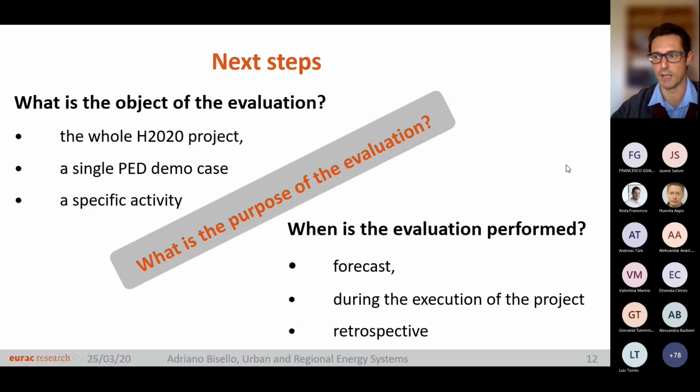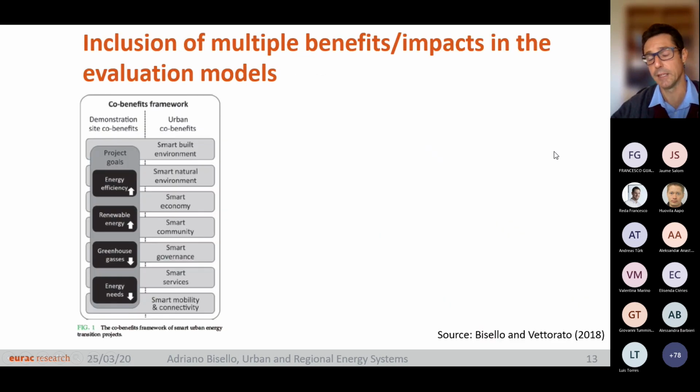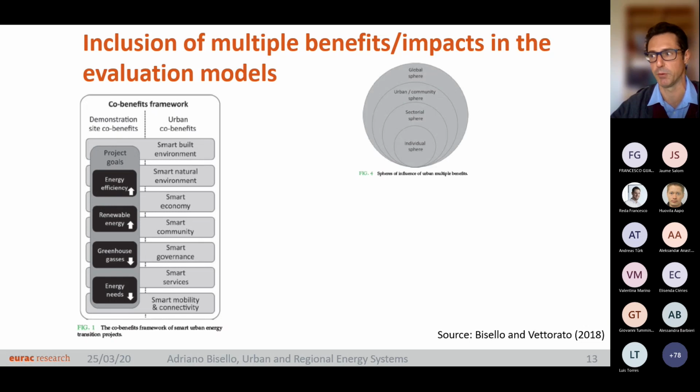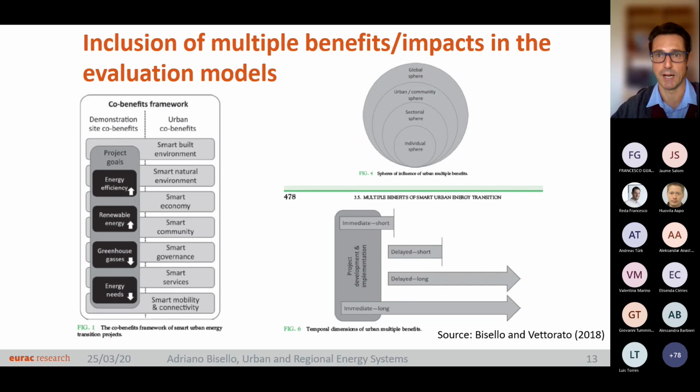So the final question to answer is, what is the purpose of the evaluation approach that each project is following? And are they also taking into account some externalities, what we call multiple inputs and multiple benefits, that may arise in different time periods of the project?